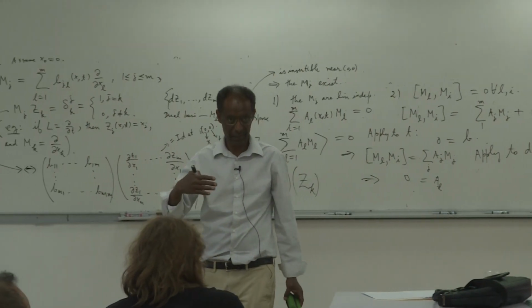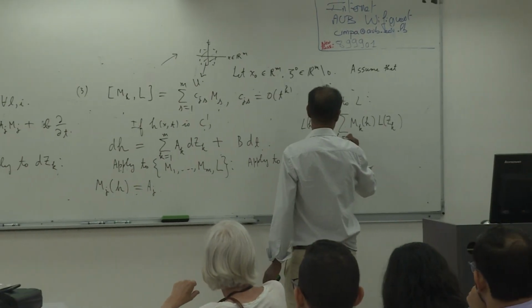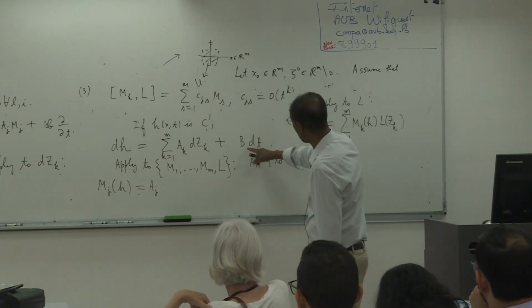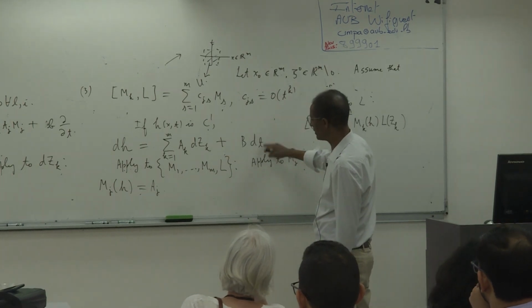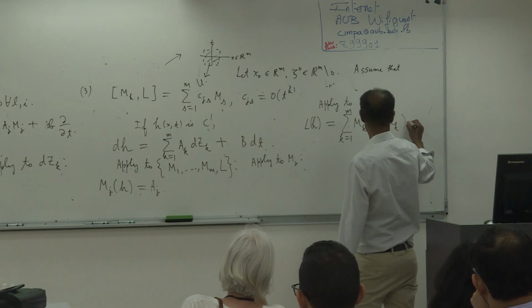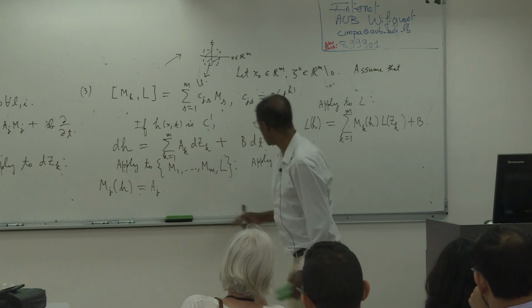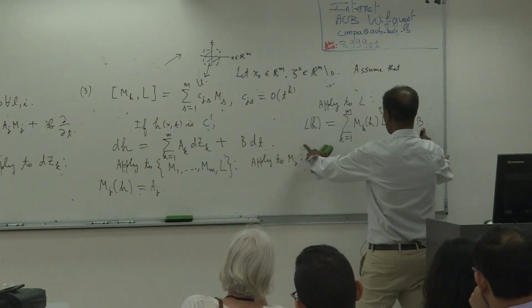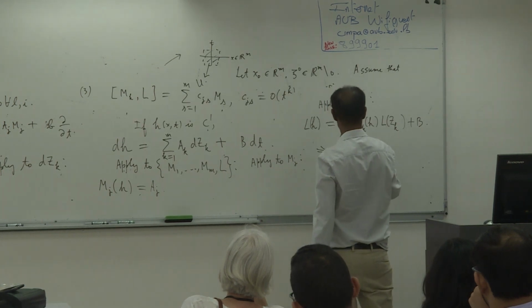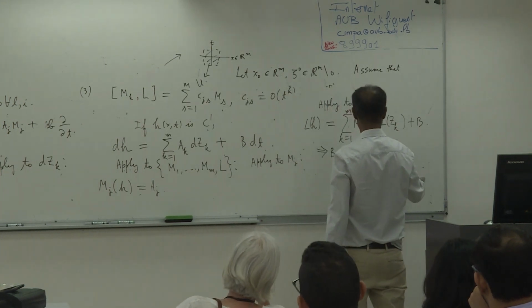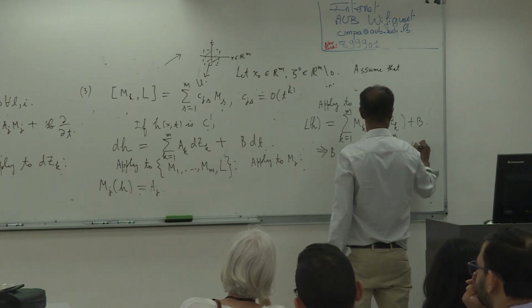They're flat at t equal to 0. Plus, when L acts on the dt term, L is d by dt plus differentiation in x, so only d by dt matters. So L of this is just b. Therefore, ak is Mk of h, and b is a little complicated. b is L of h minus the sum over k from 1 up to m of Mk of h times L of zk.